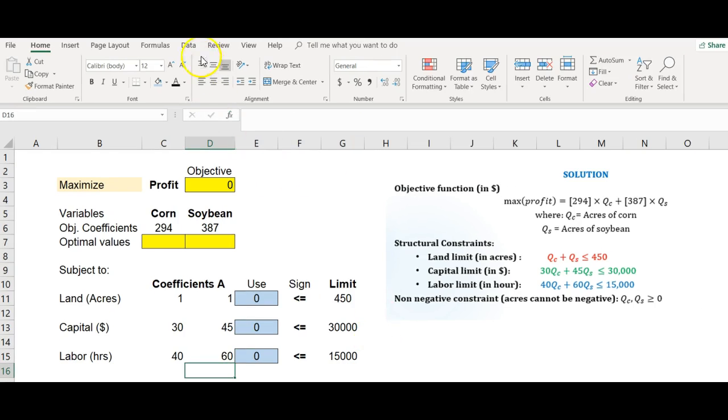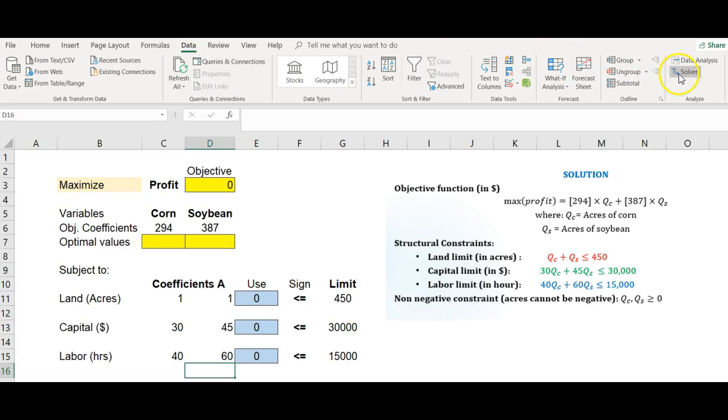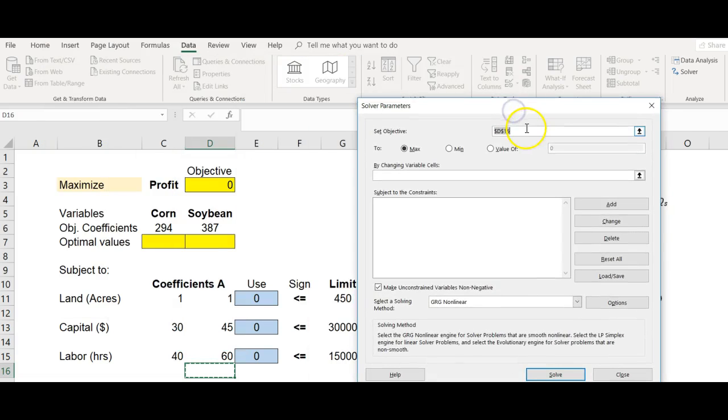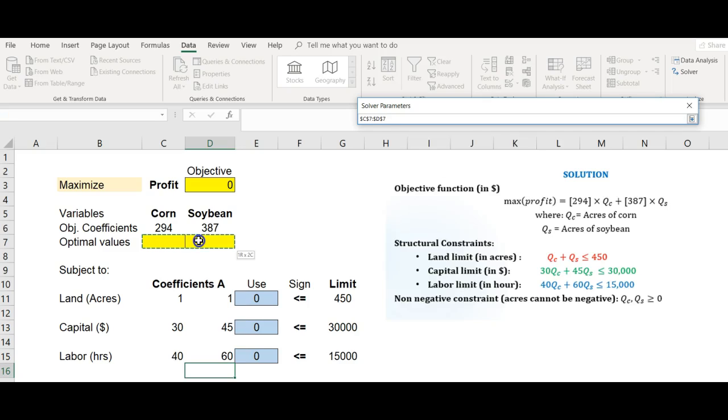Now let's go to Data and select Solver. Here our objective is located in D3. We want to maximize it by using the decision variables that are located in these two cells, C7 and D7.